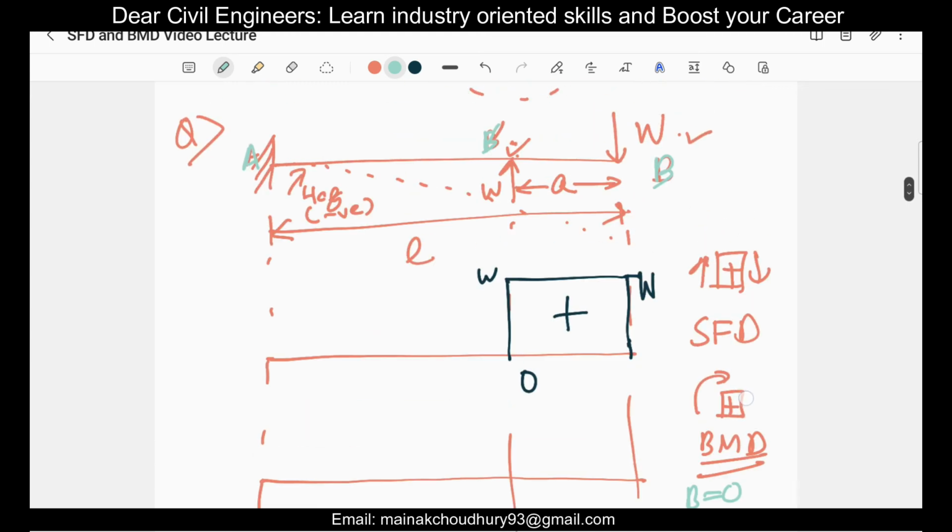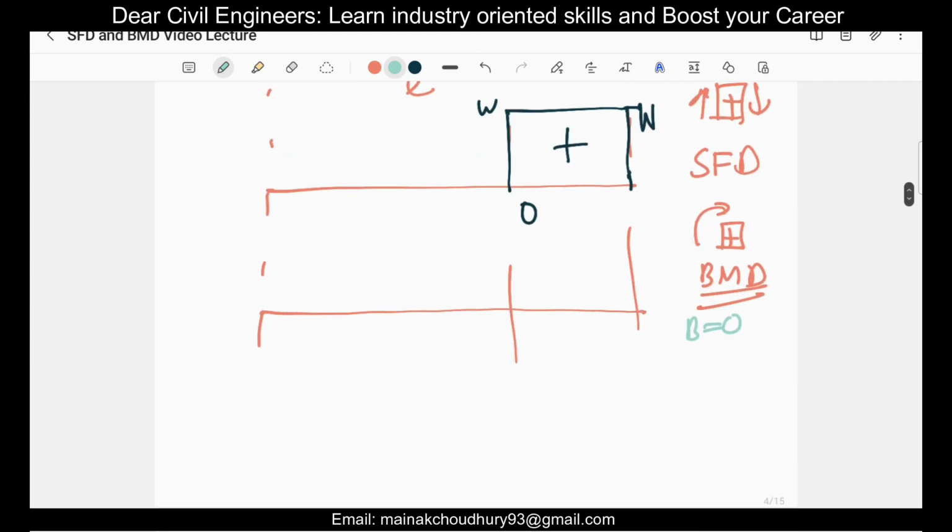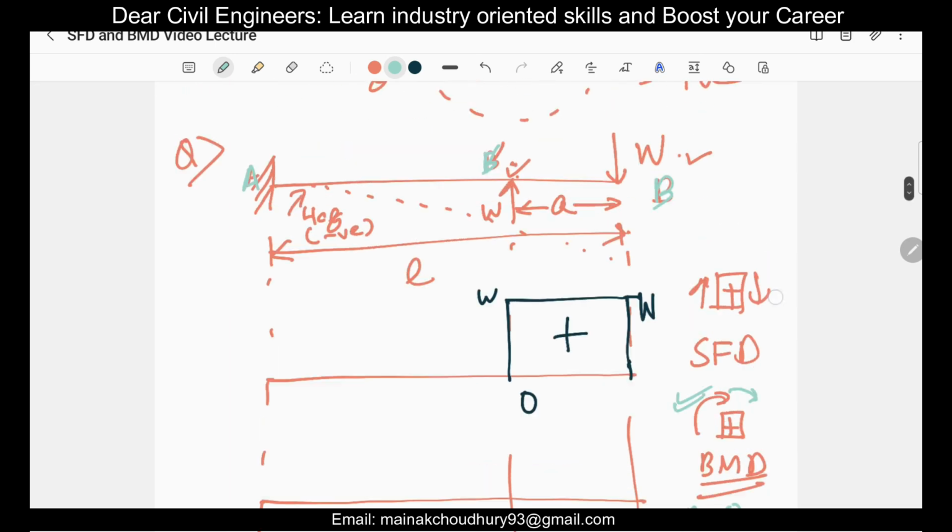Then we have B dash, and for B dash we'll need a convention. We'll take whatever moves along this direction as positive, and the opposite direction as negative.